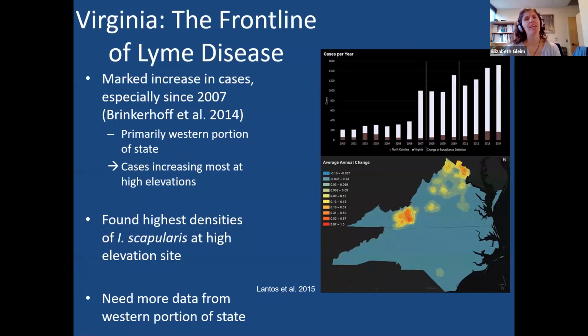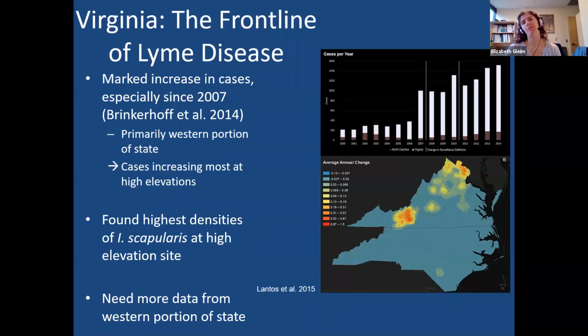And if we begin to dive in a little bit more to what's happening here in Virginia, interestingly, going back and looking at cases, Brinkerhoff et al. did this. They found that up until 2006, cases were relatively low in the state, but starting in 2007, which you can see here, we began to have a sharp increase in the number of cases.